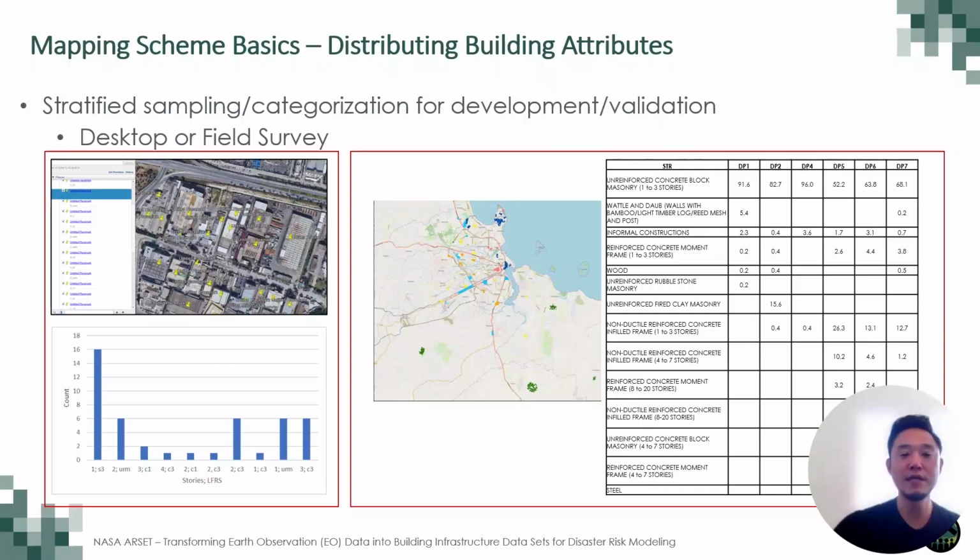We go through, identify each unique building, structural type, their height, etc. We do this a few times throughout the region to make sure we cover variations in the development pattern. From there, we essentially create these distributions that you'll see on the right side from our sample. On the right, we have each unique structural type and each development pattern, and in the cells are our observations and our distributions of those based on our desktop study.